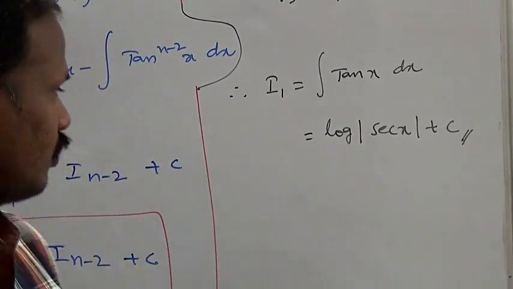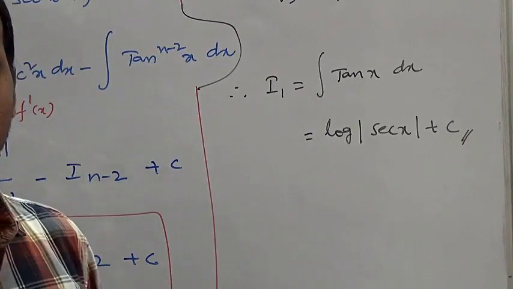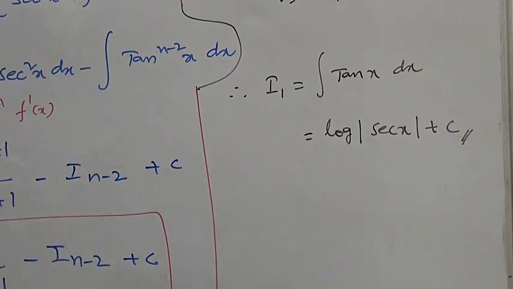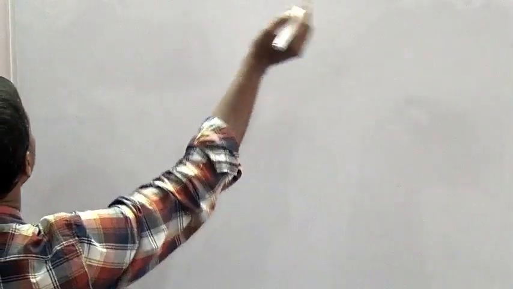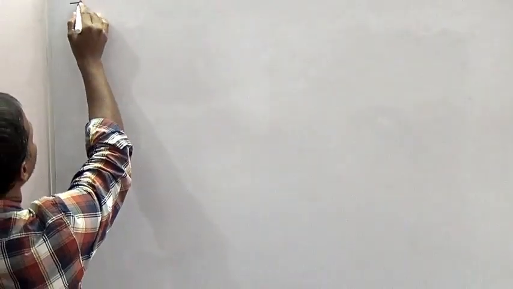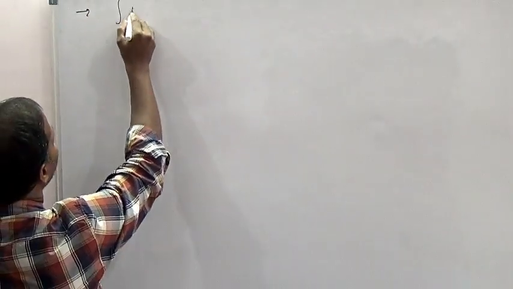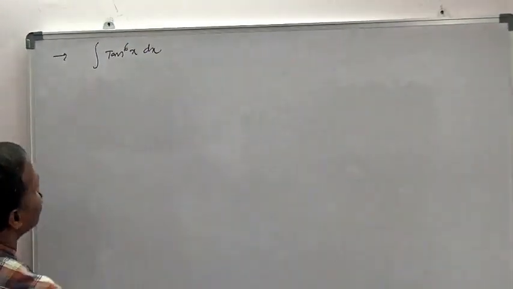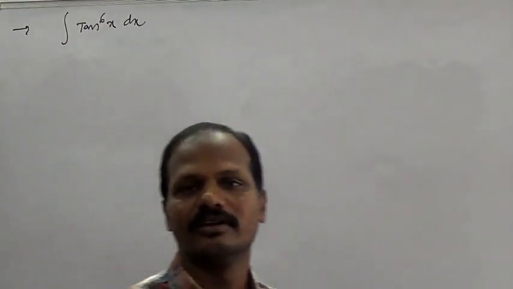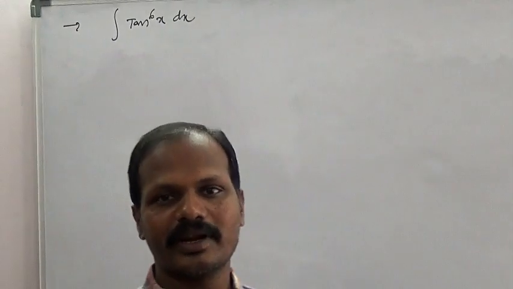Okay. Now by using this reduction formula, we will do one problem. So now we will give one example for the reduction formula of integral tan power nx dx. Find the integral of tan power 6x dx. This is of the form integral tan power nx dx.